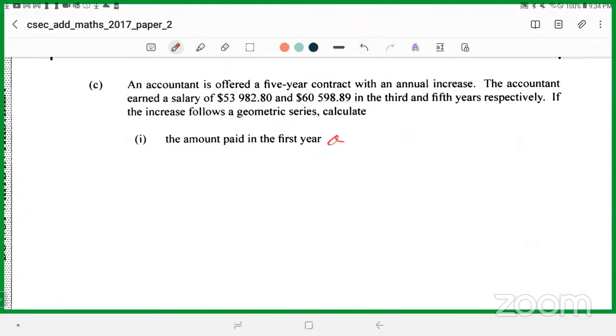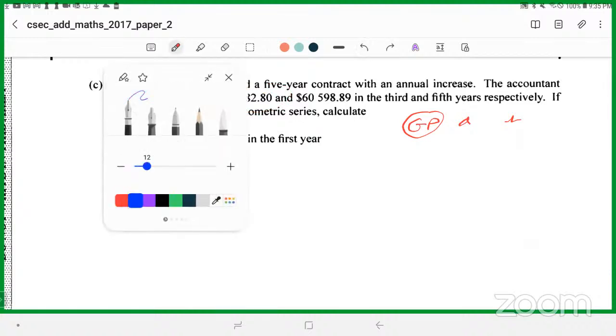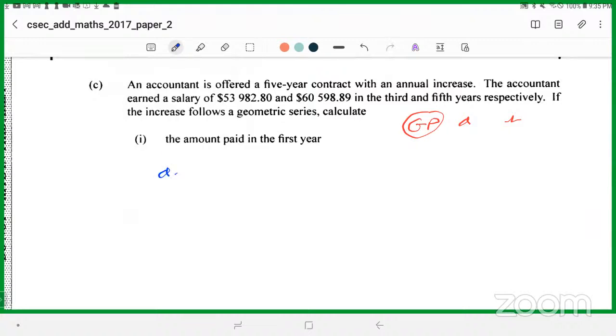In other words, I want to find A. So if we make it a GP with a 1st term of A and a common ratio of R, this is your 3rd term, AR squared. Let's write it: the 3rd term is AR squared, which is equal to this amount.